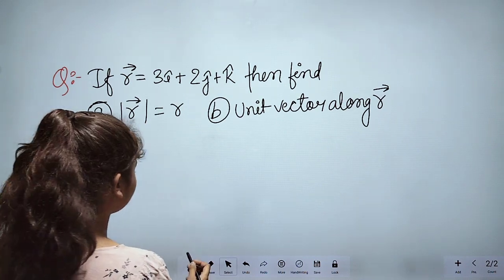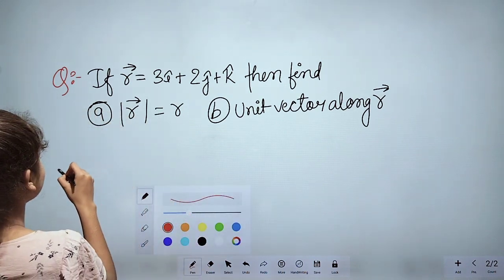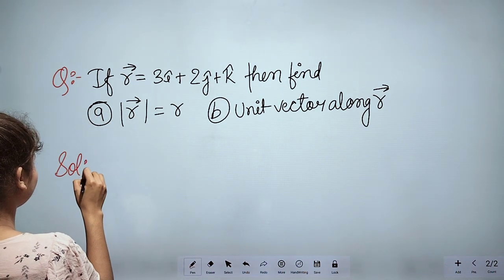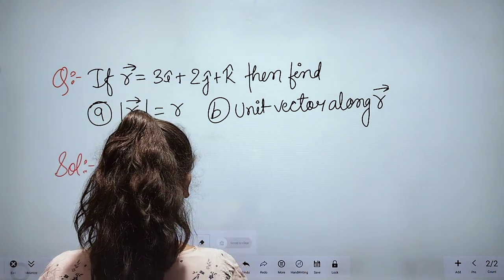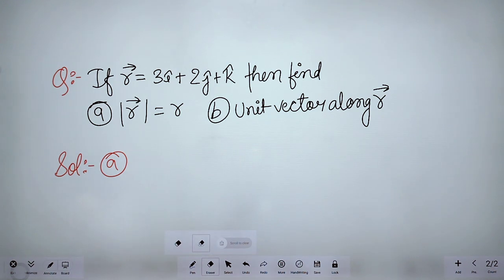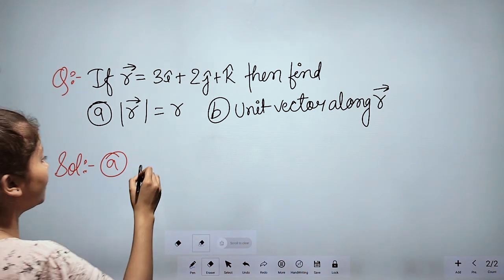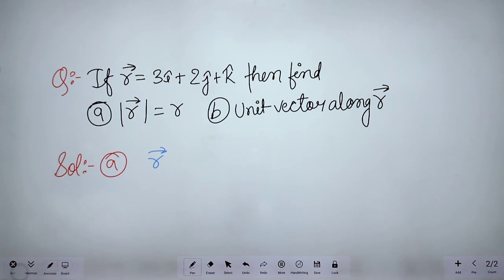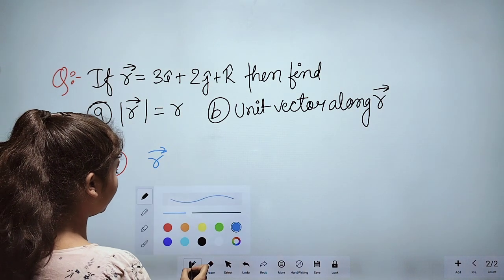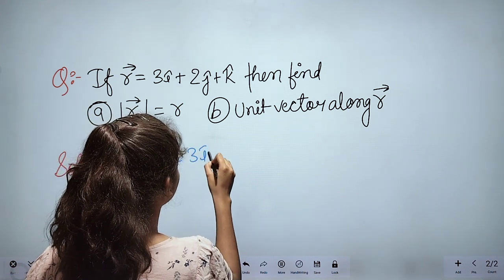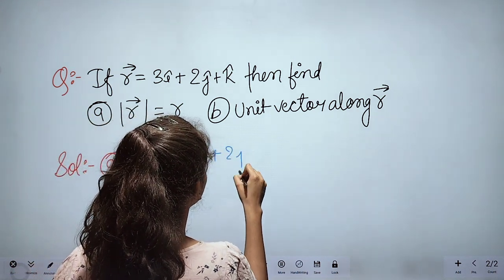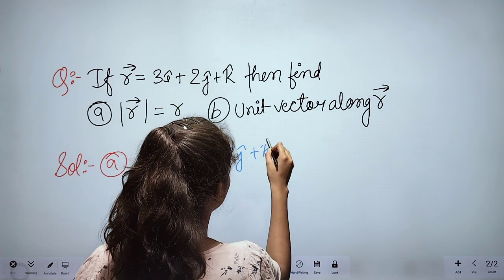So let's do this question, part a. We have to find r, the magnitude of r vector. So r vector is equal to 3 i cap plus 2 j cap plus k cap.